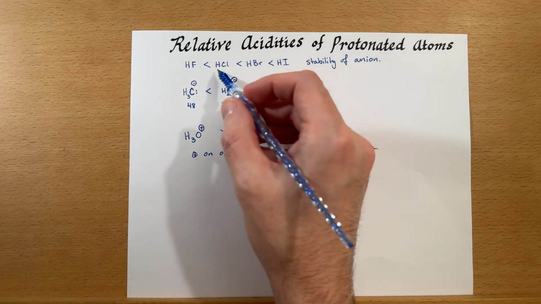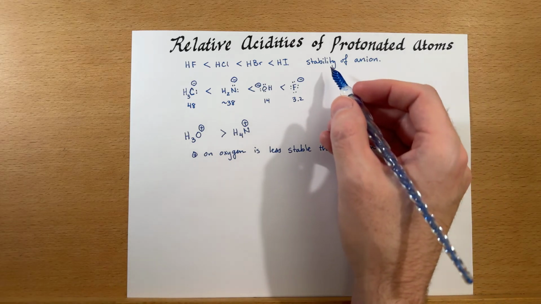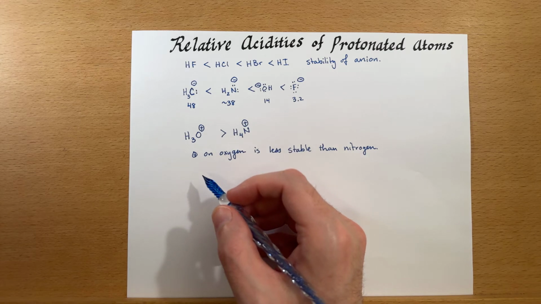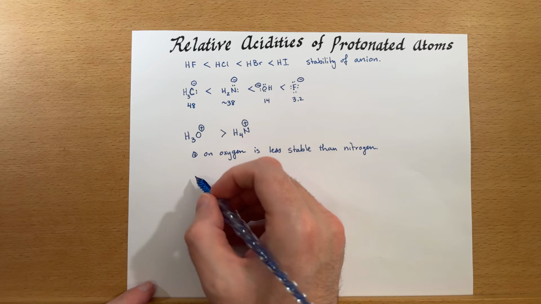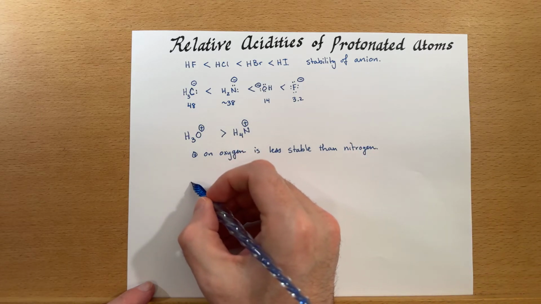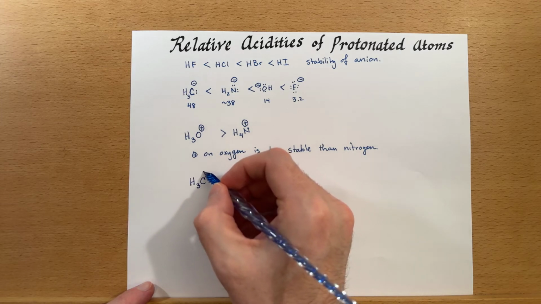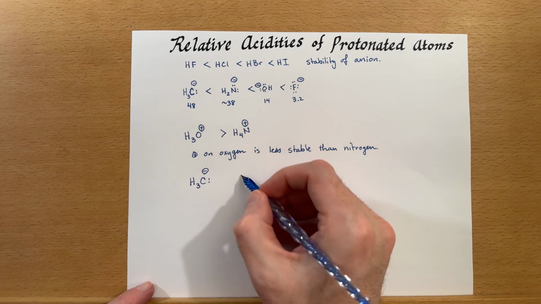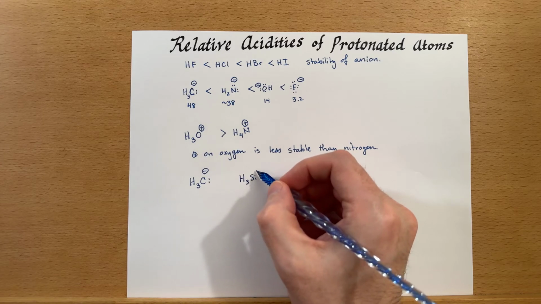All right, back to this stability here for the anions. Larger atoms are just better at taking the charge. That holds true elsewhere on the chart, not just for the halogens. So if we compare carbon to silicon, and silicon is right below carbon on the chart.